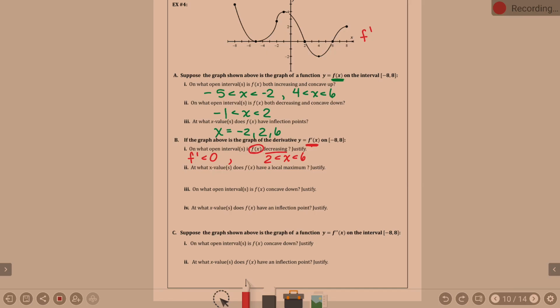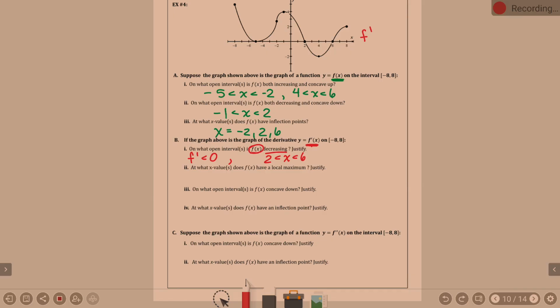At what x values does f have a local max? So when do maxes happen? F prime equals 0. So -5, 2, and 6. Okay.